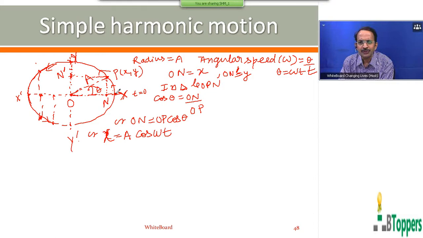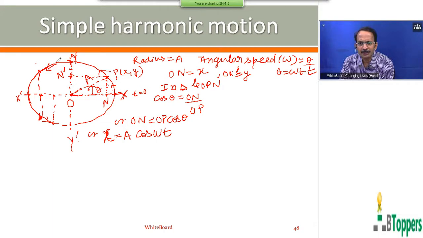That means when the particle moving in the circular path completes half a revolution along the semicircle X dash, X, Y, X dash, the projection of the particle completes half of the oscillation.